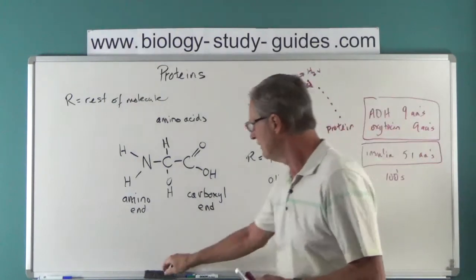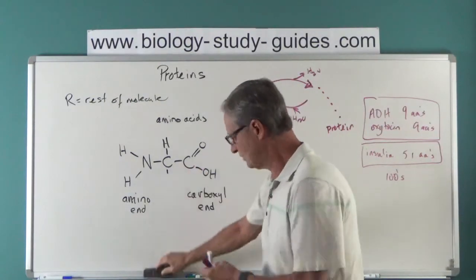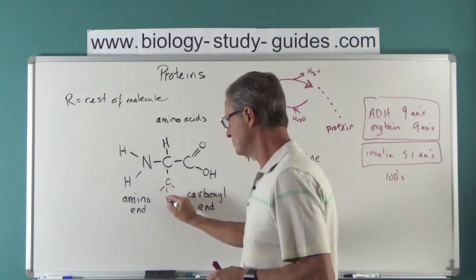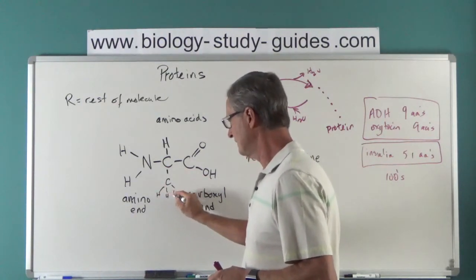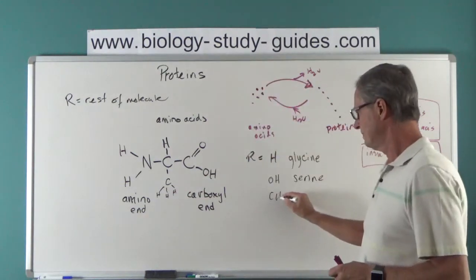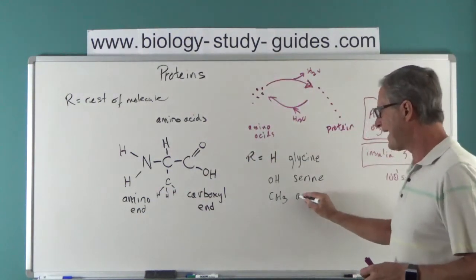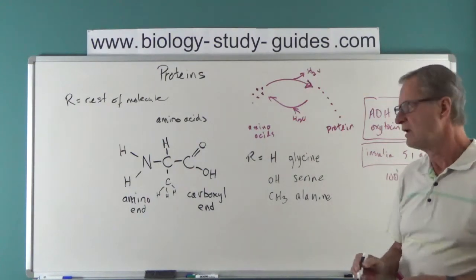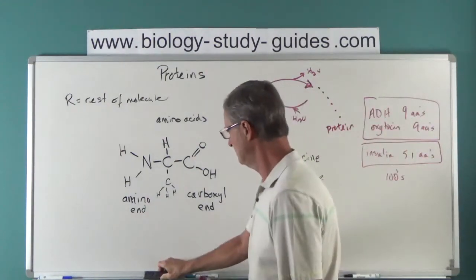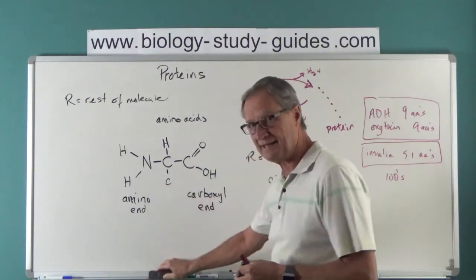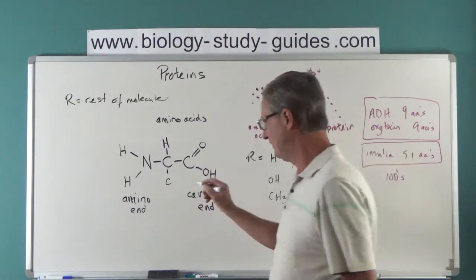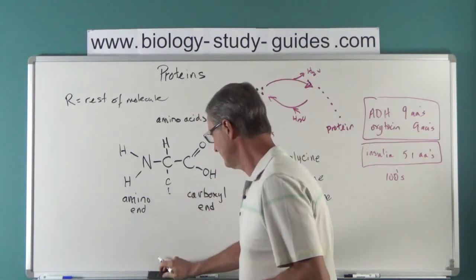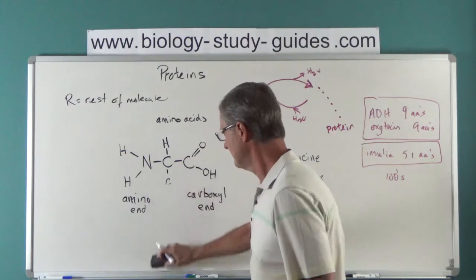Or if we went to a carbon and put 3 hydrogens on it, that's alanine. Or if we went bigger, you're getting the idea that there's going to be lots of different things we put in here. I'll draw it differently.